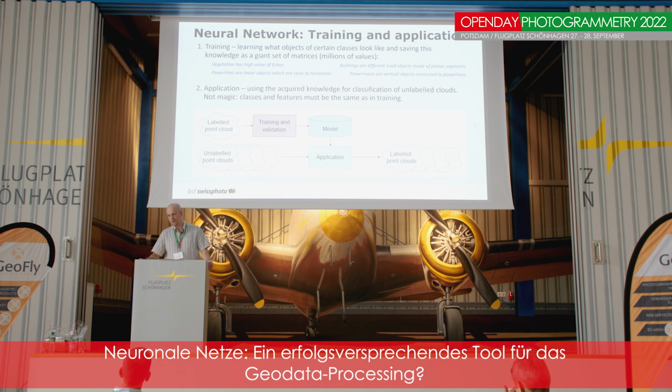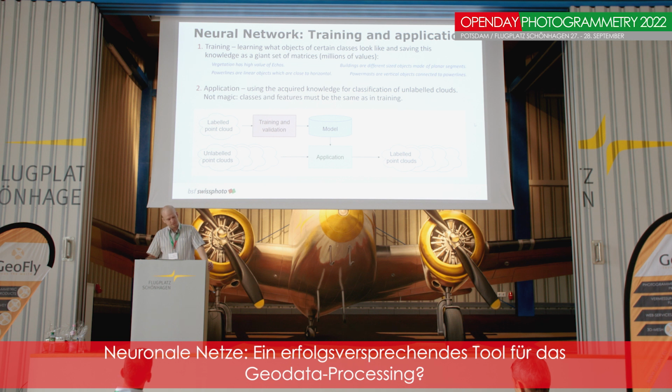Working with neural network consists of two steps. Step of training is learning what objects of certain classes look like and saving this information as an enormous set of matrices.